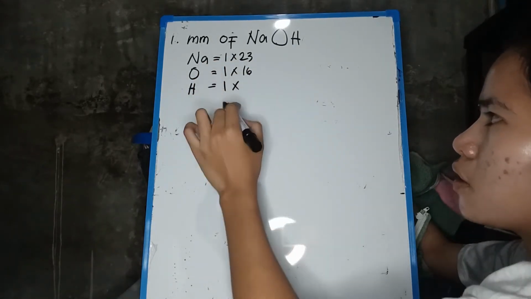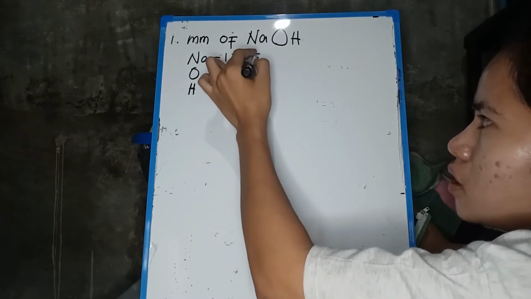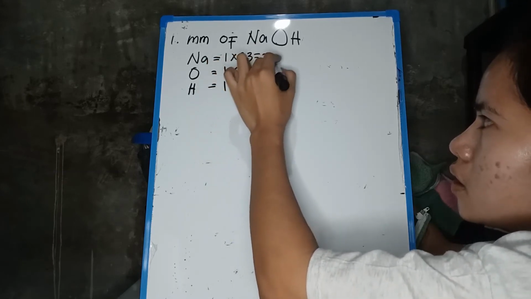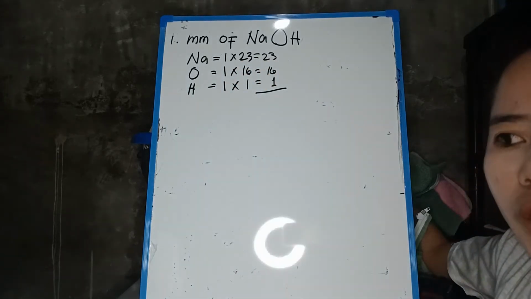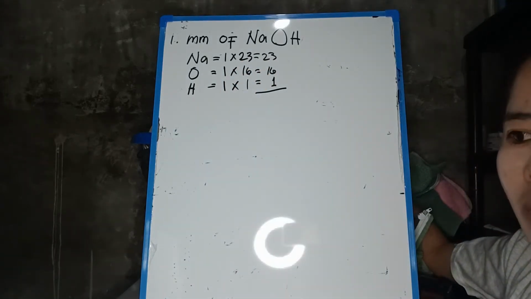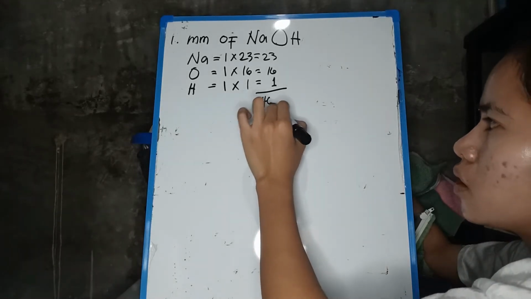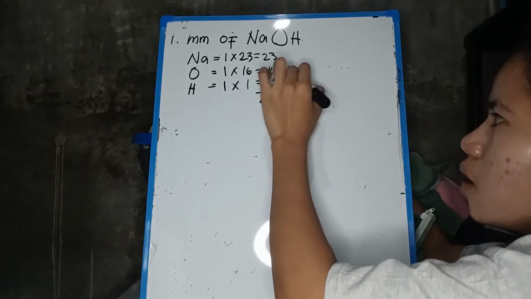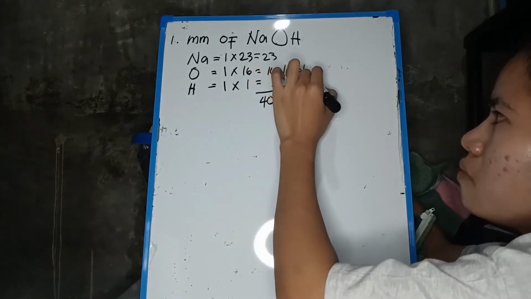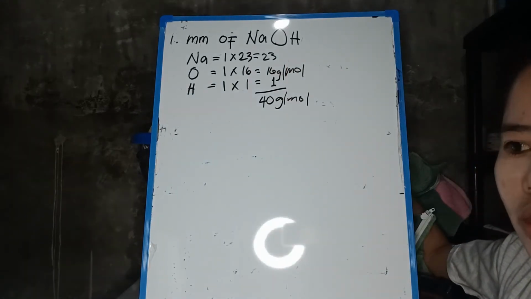And the molar mass of hydrogen is 1. So, multiply, then add. So, 23 plus 16 plus 1 is equivalent to 40 grams per mole. So, that is now our molar mass of sodium hydroxide.